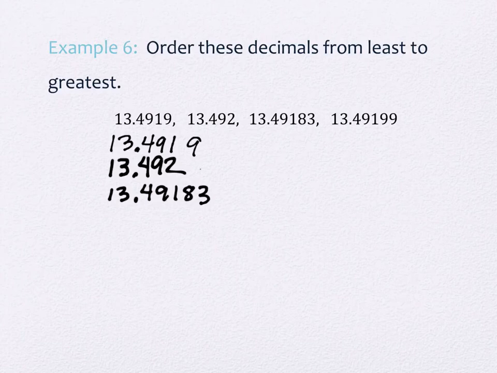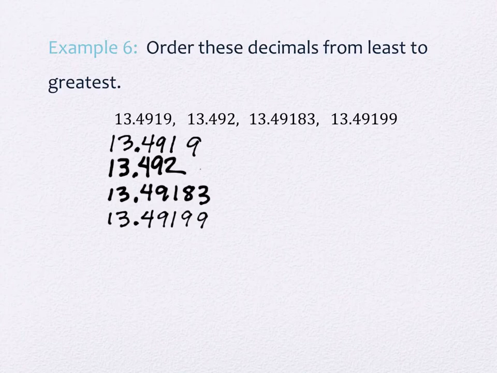I think I'm just not big enough. And then the last one is 13 and a decimal point, 4, 9, 1, 9, 9. Okay, is that okay so far?